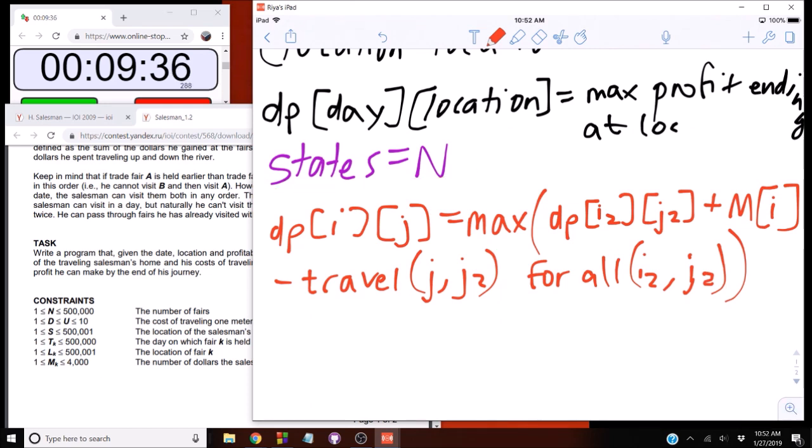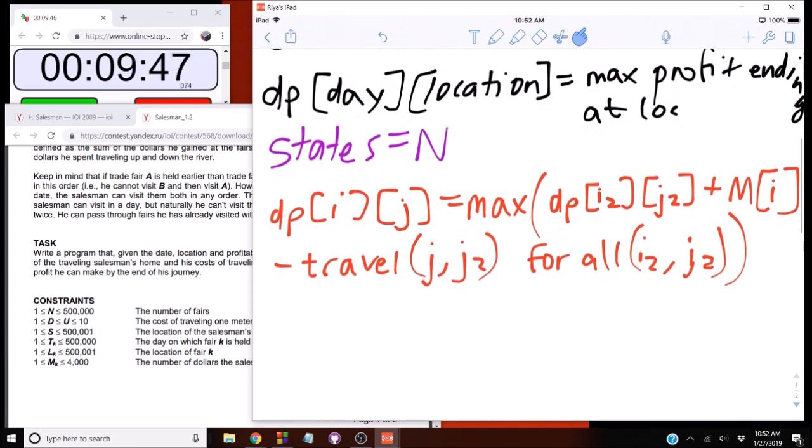So the runtime currently is n squared. Oh yeah, but this is not even fully correct so far. This only accounts for if there's only one event per day. There could be more than one event per day, in which case you have to try different orders.